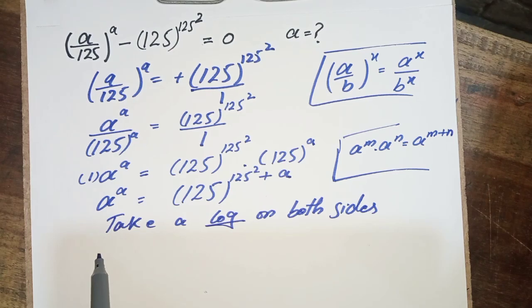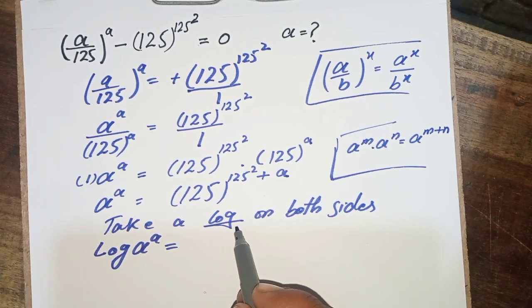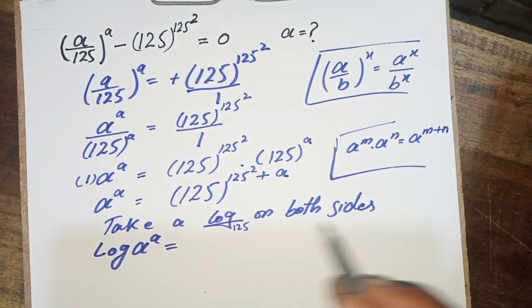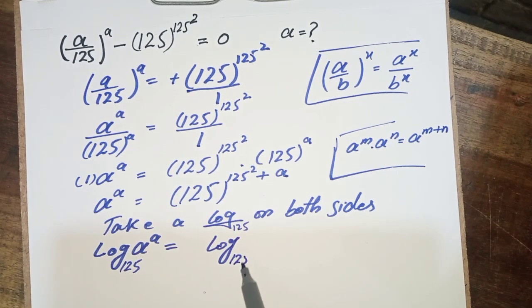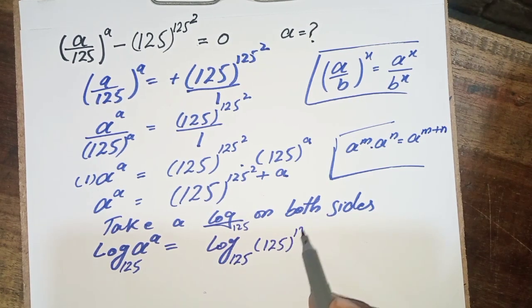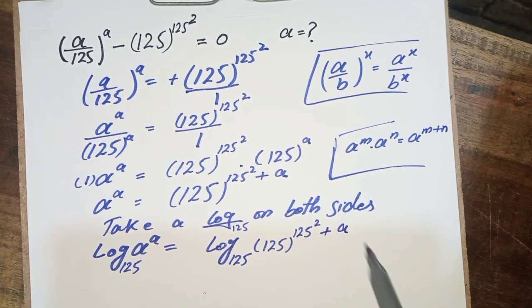We write this as log base 125 of a^a on the left side, and on the right side log base 125 of 125^(125^2 + a).